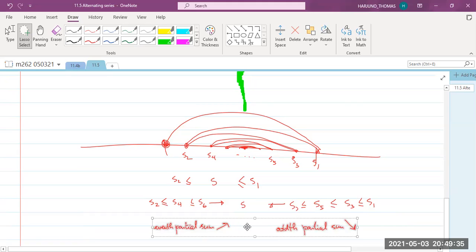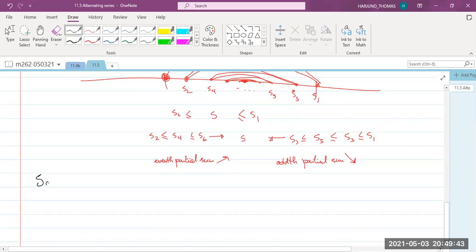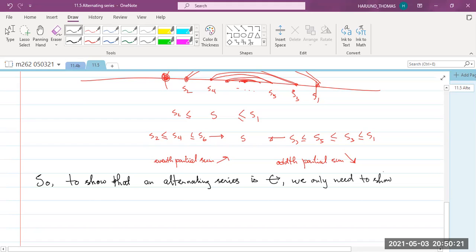Okay, that's the sketch of the proof. So you will see here that all we need to show, for the alternating series test, to show that an alternating series is convergent, we only need to show that the absolute value of the alternating sequence, which is the positive part, is decreasing.